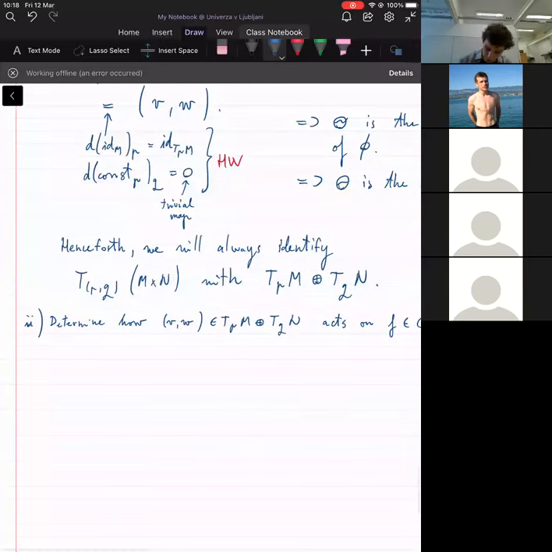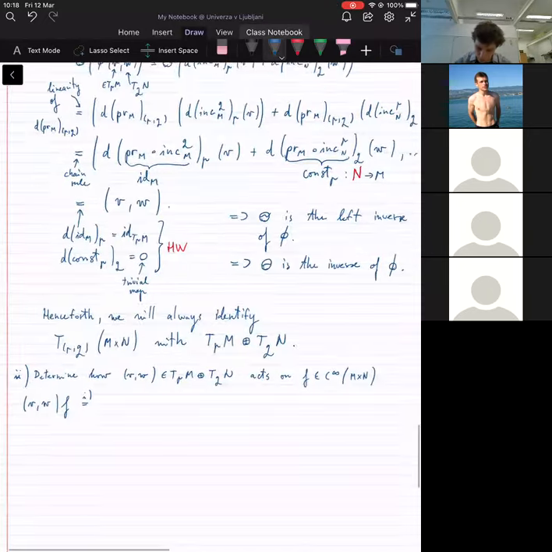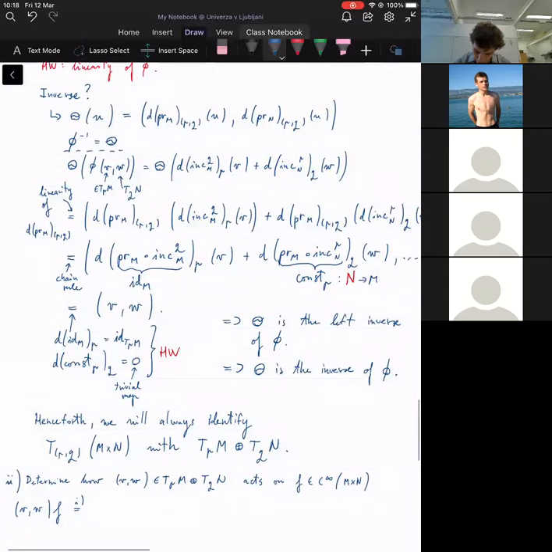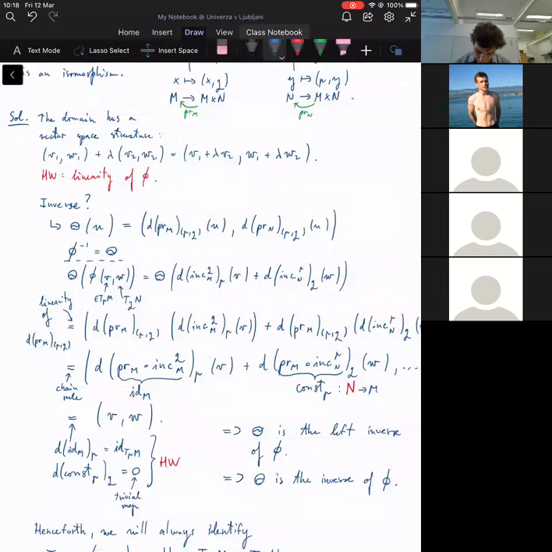Well, this is now really simple. We have (v, w) on f. So by the first part, we use the formula that is given by this isomorphism between the tangent space of the product manifold versus the direct sum of tangent spaces.